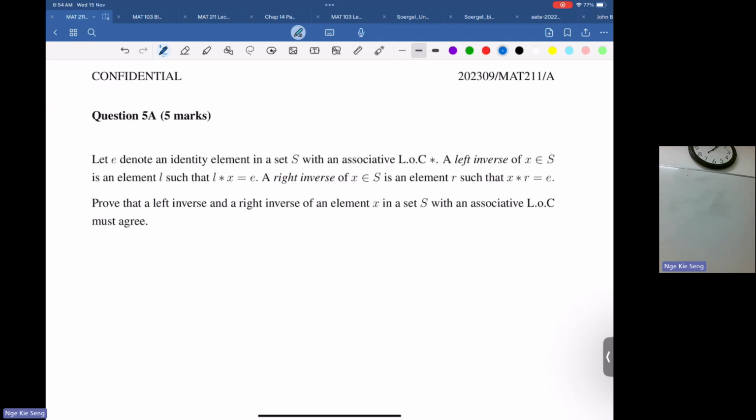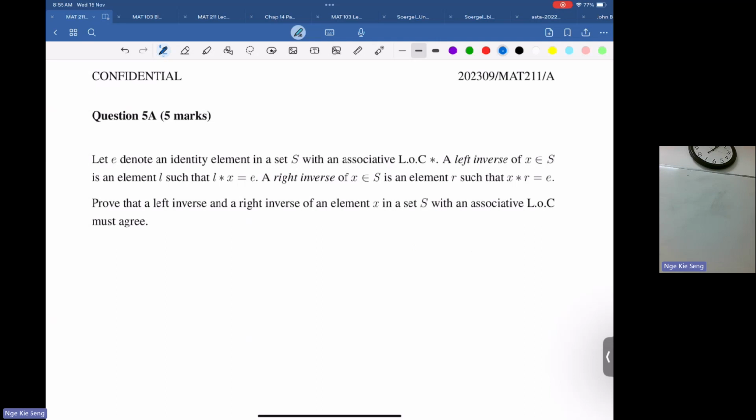Let E denote an identity element in set X with an associative law of composition. A left inverse of X is an element L such that L composed with X is E. A right inverse of X is an element R such that X composed with R is E. So one is composed on the left, you get identity.